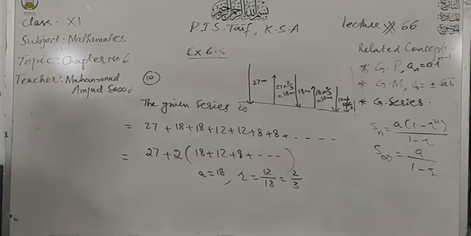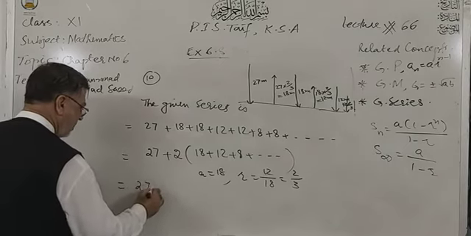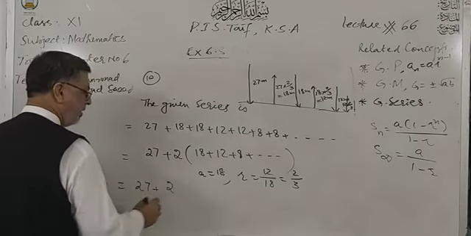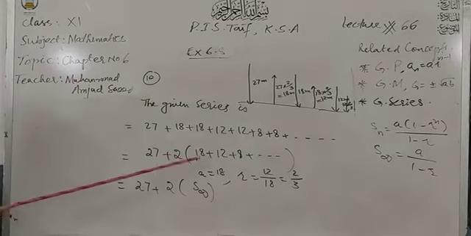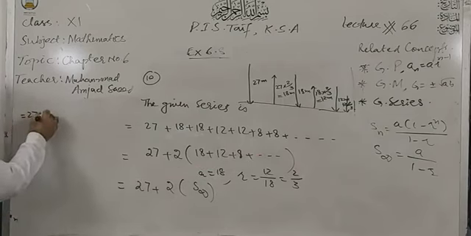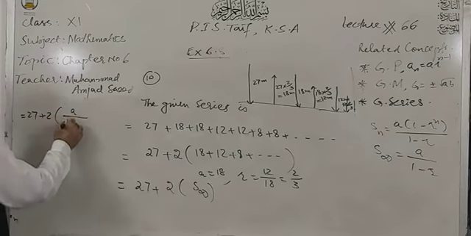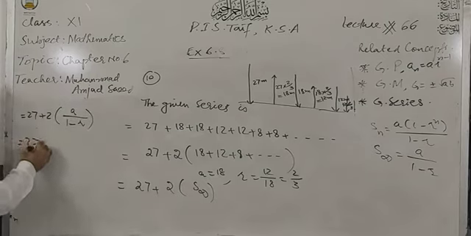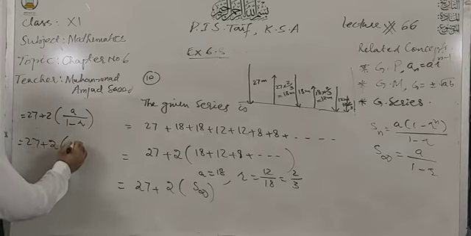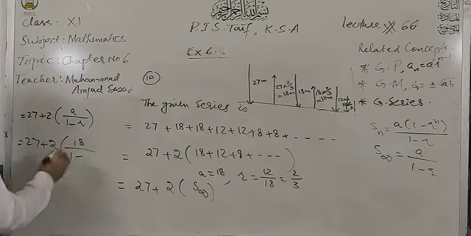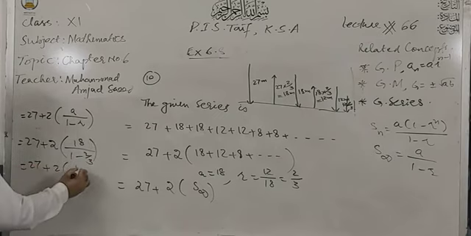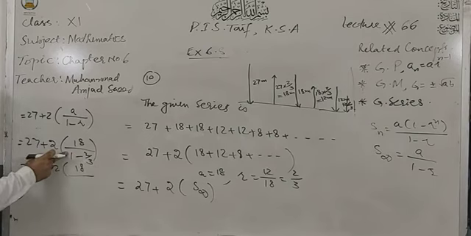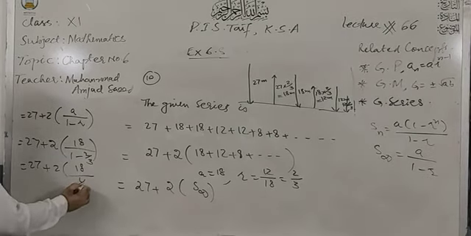So we can apply the formula: 27 plus 2 into S infinity. This is an infinite geometric series, and we have applied the formula. So here is 27 plus 2 into a over 1 minus r. a is 18, and 1 minus r is 1 minus 2 by 3, that is 3 minus 2 over 3, which is 1 over 3.